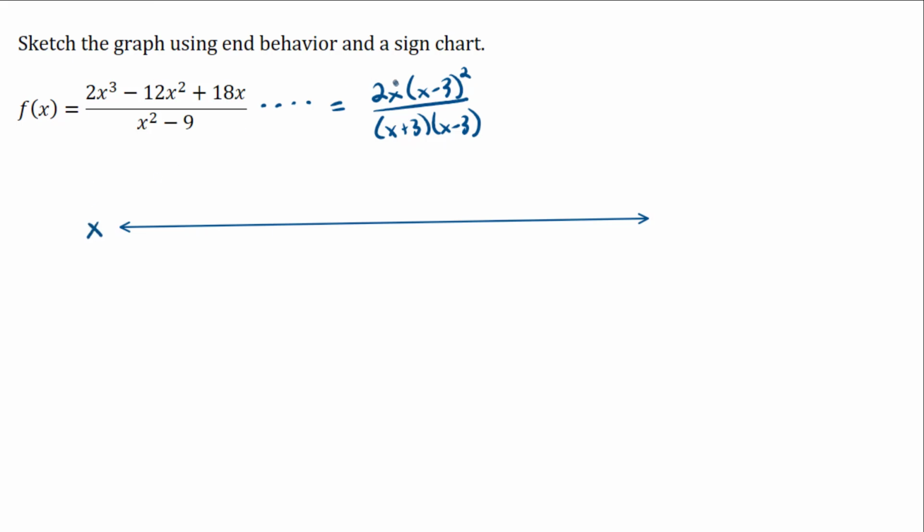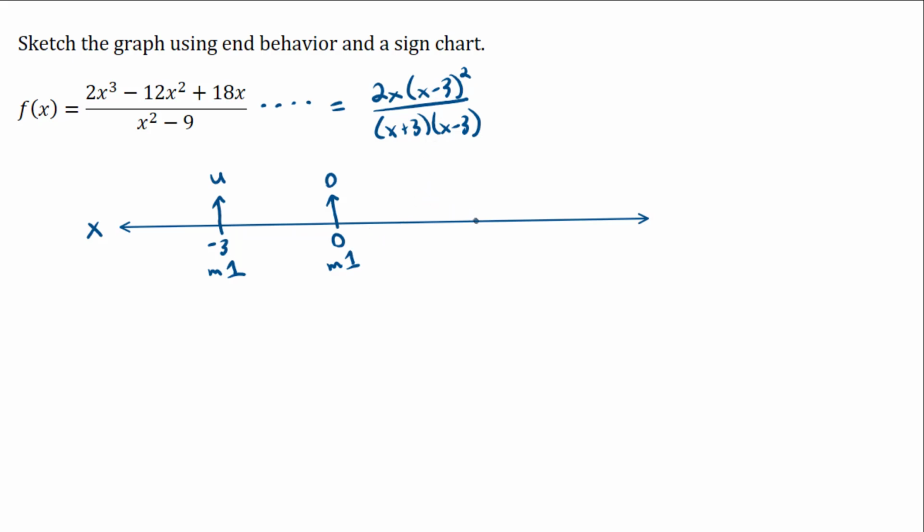So here we've got 0, positive 3, negative 3, and positive 3 again. We've got some cancellation going on here. So let's see what happens there. Negative 3 comes first, has multiplicity 1, and it makes the denominator 0, so it's undefined. Then we have 0, which is multiplicity 1, makes the numerator 0.